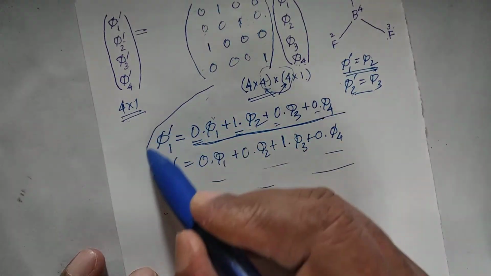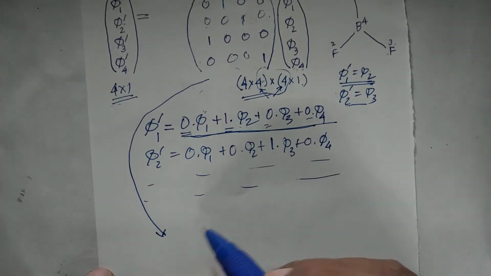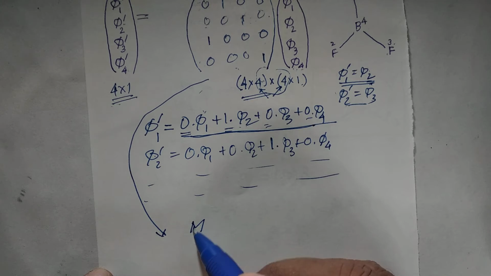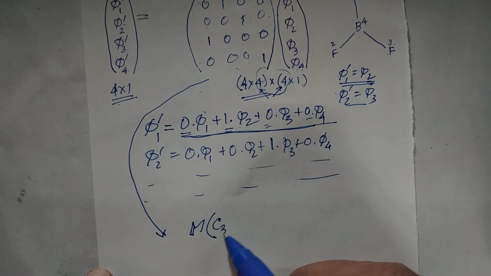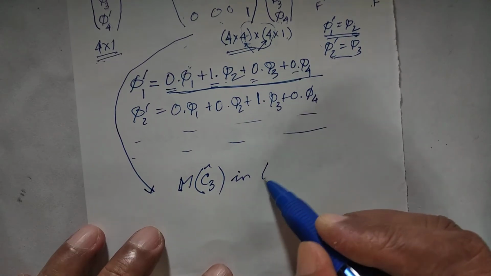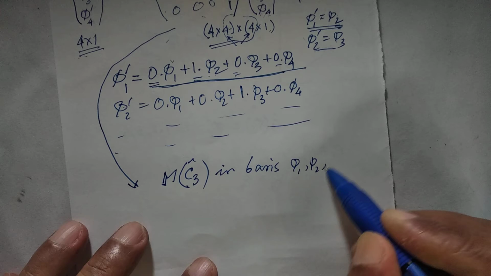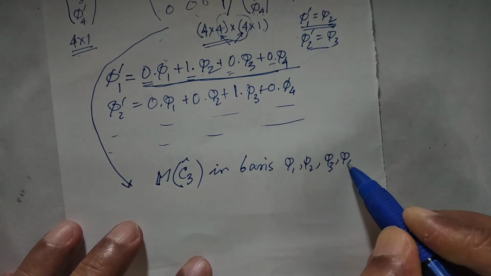And this matrix is called the matrix form M of the operator C3 in basis phi 1, phi 2, phi 3, phi 4.